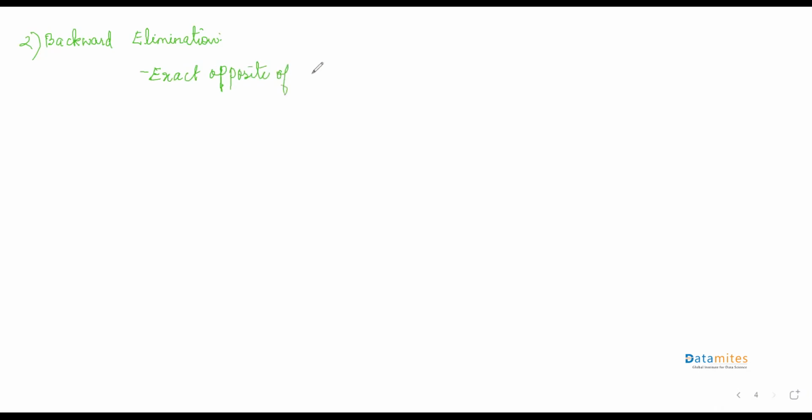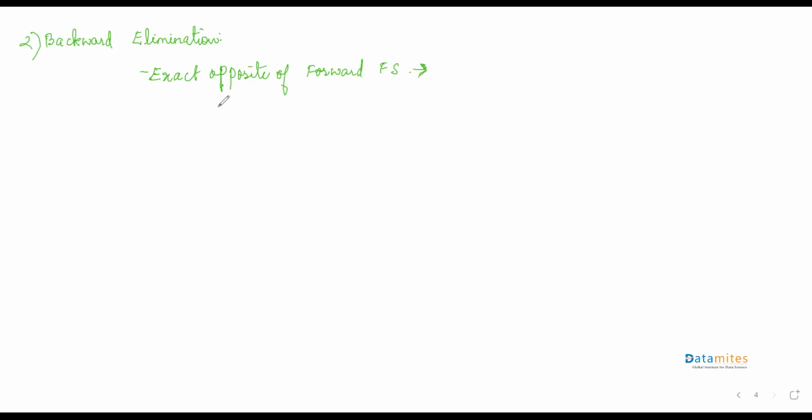Any guesses? Opposite of forward feature selection. In forward feature selection, you're going to add one feature for each iteration, and you're going to check which feature is giving the best performance. How do we select how many features we want? Yes, exactly, Vivek. We are going to tell how many features we require.